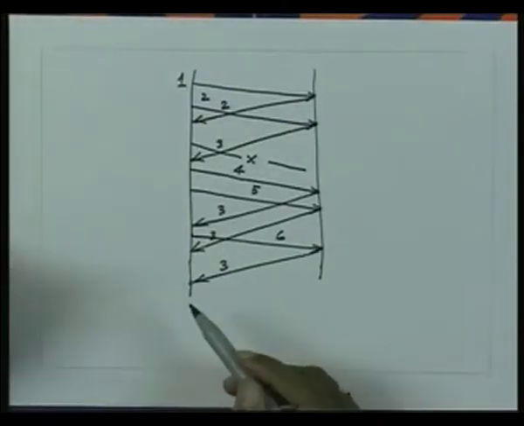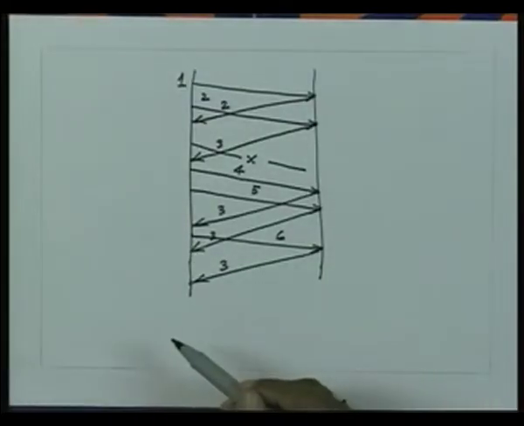Note that the receiver's acknowledgement will come only on the receipt of a segment. Now, what is happening here? If the receiver is repeatedly telling you that I am expecting packet number 3, it also implicitly means that the receiver is receiving certain segments.